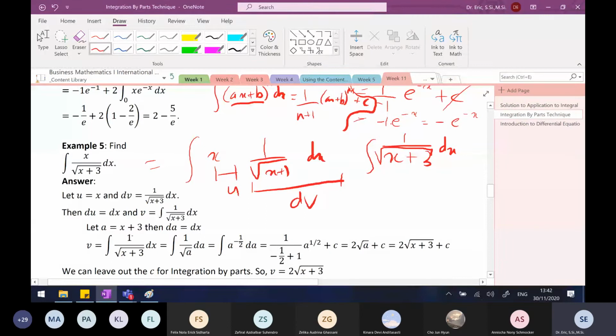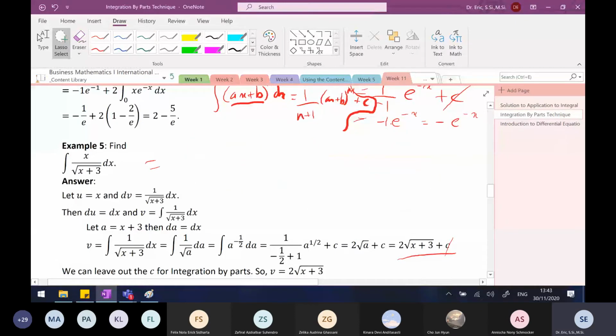I can use the substitution technique, that is a equals x plus 3, then da equals dx. Then 1 over the square root of a, with x plus 3 being a and dx being da, is just a to the power of minus a half, so I have this one, and I can leave out the constant. But with the formula, I can do this more easily.